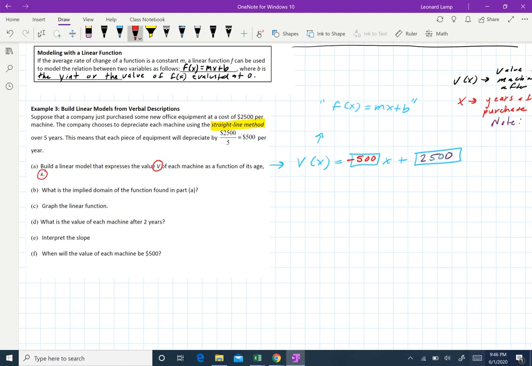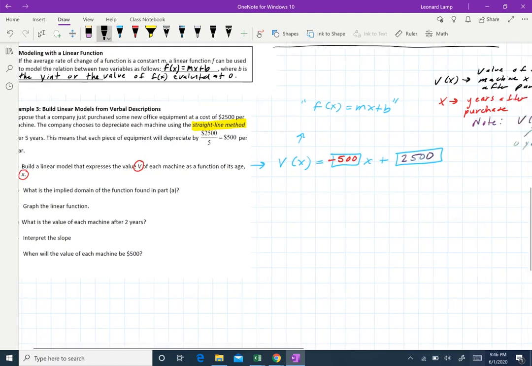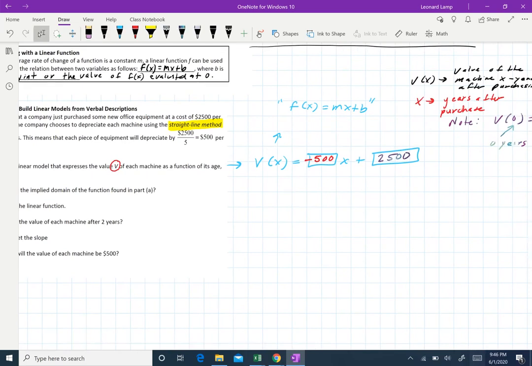Now the next question says, what is the implied domain of the function found in part A? We know that the domain of all lines is negative infinity to infinity, but we have an implied domain because of this particular type of problem. Remember, X stands for years after purchase, so it wouldn't make sense for X to be negative, because then we'd be talking about negative years before you purchase it.